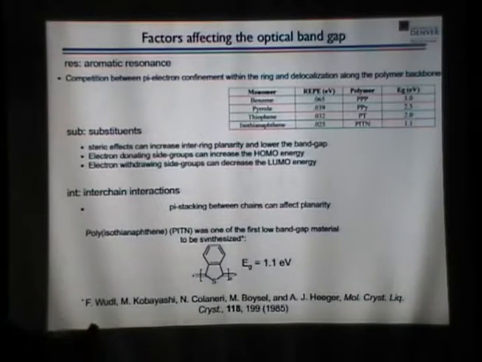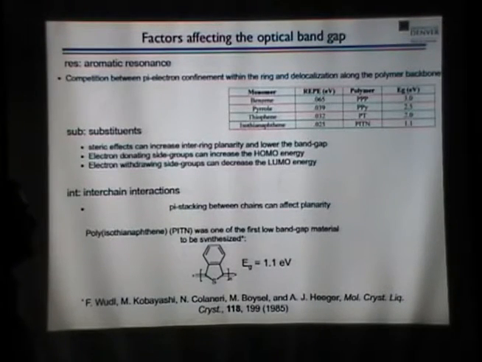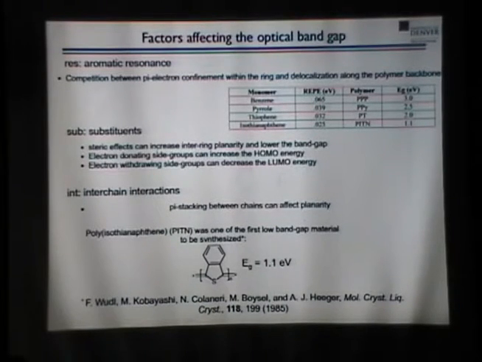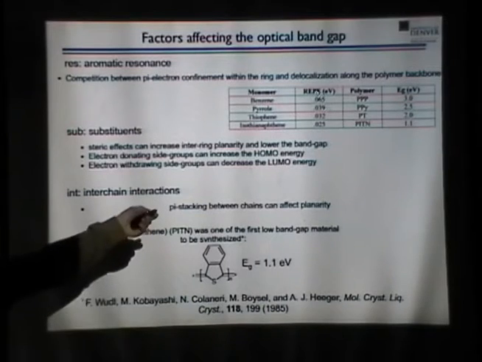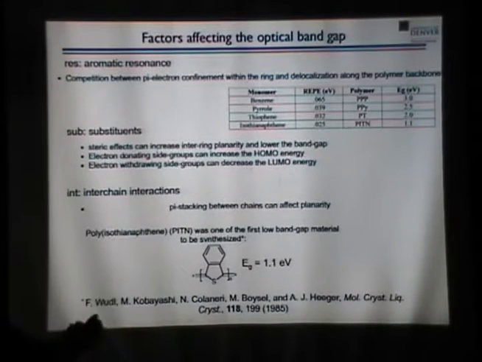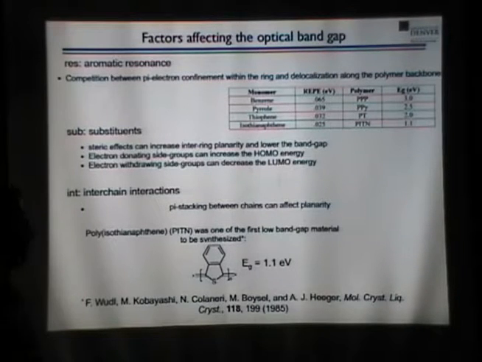When you then polymerize the material, now there's a competition between electrons staying in the monomer versus delocalizing down the backbone. And you would prefer them, of course, to delocalize. That would reduce the band gap and give you better conductivity. But if you have a high resonance energy per electron in the monomer, that's not going to happen. So as you decrease this resonance energy, the band gap goes down because the delocalization is better. So that's another principle we have.